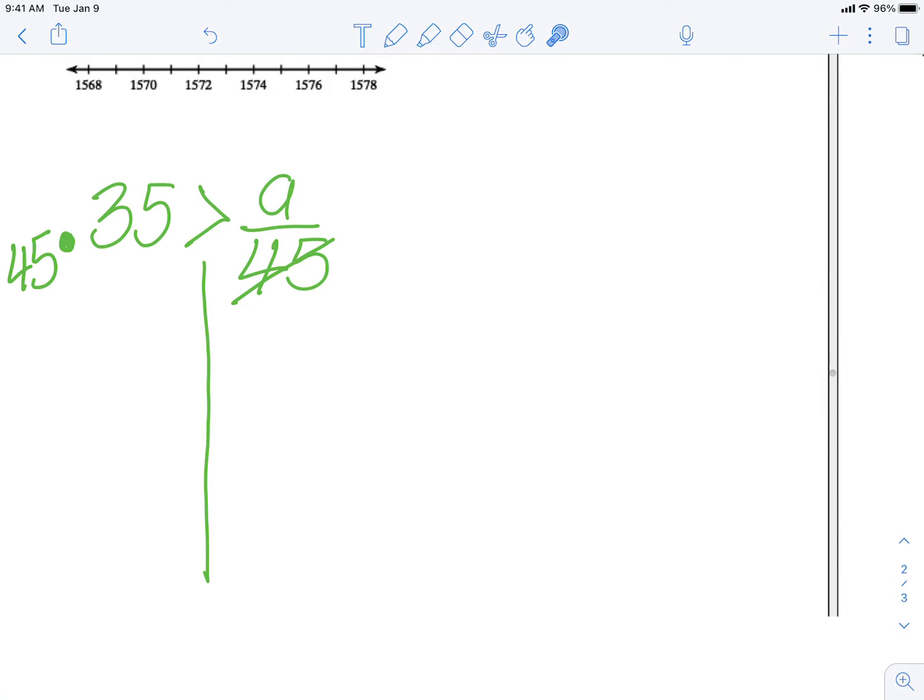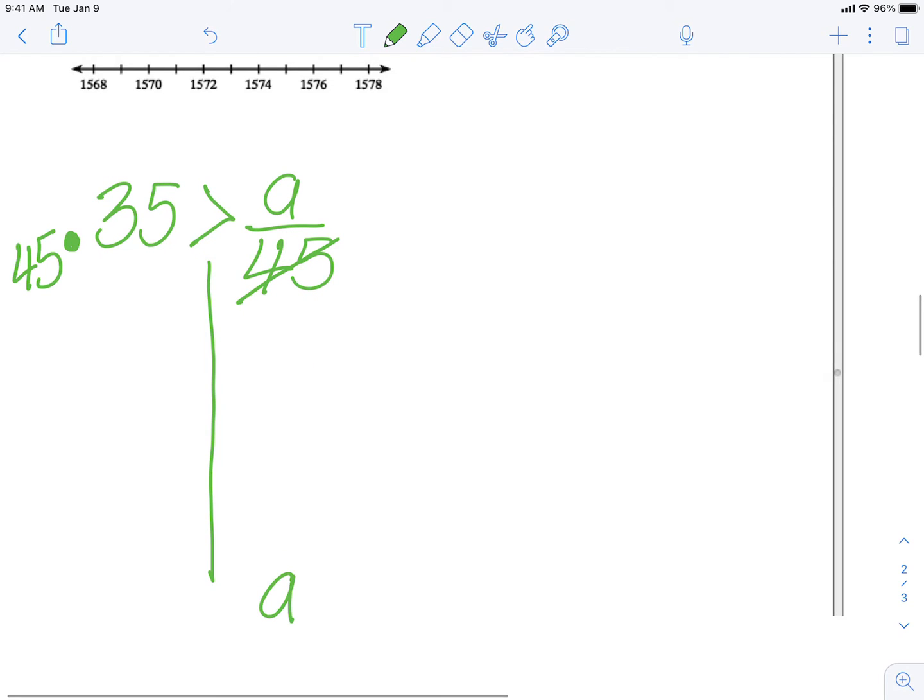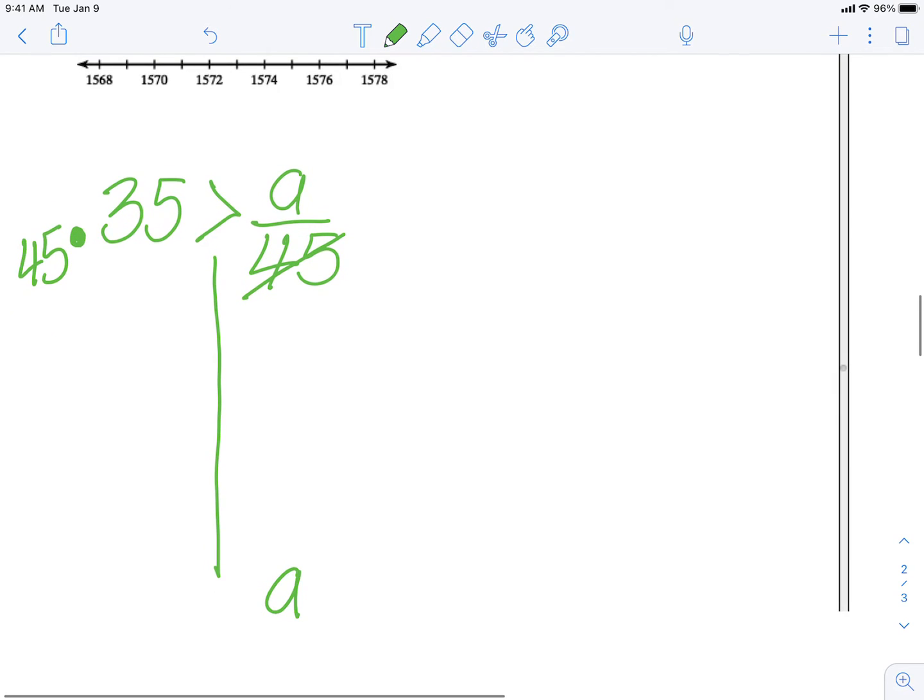So I know my A comes down, right? My A comes down. I did not multiply by a negative 45. So that means that this arrow is going to stay the same as the one up top here. So this arrow is the same as this arrow, right?